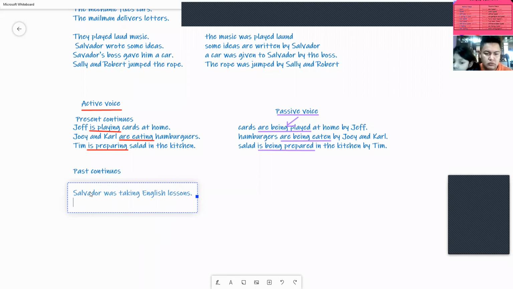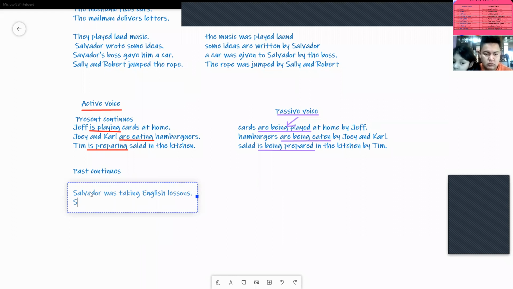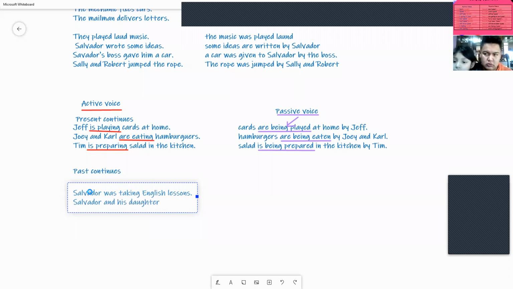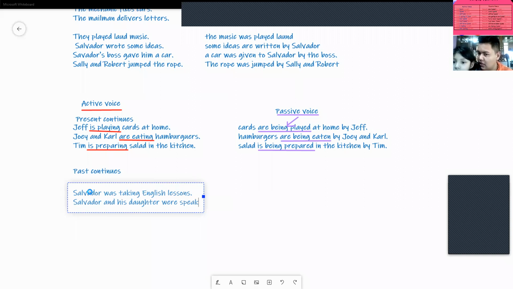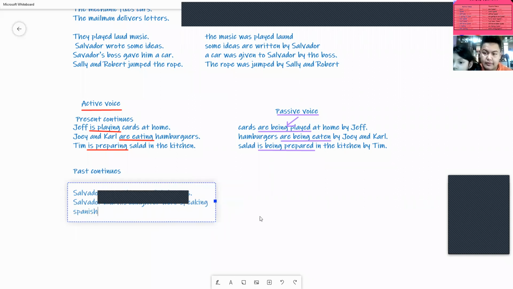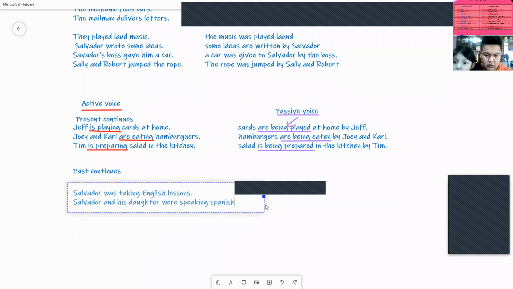Then we have, is that your daughter? His daughter were speaking Spanish at home.